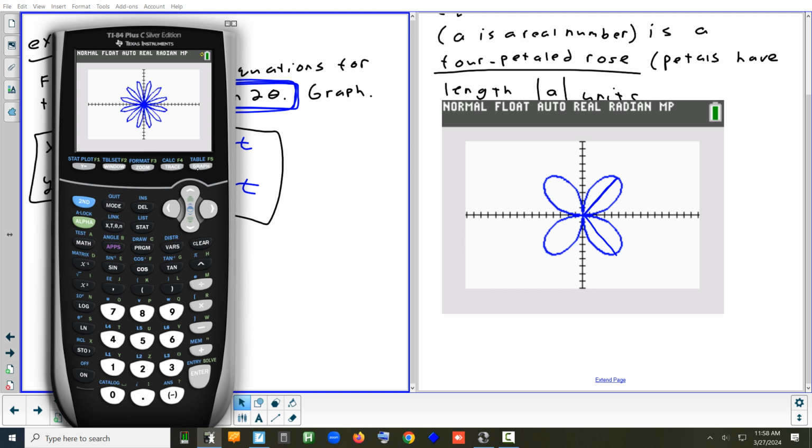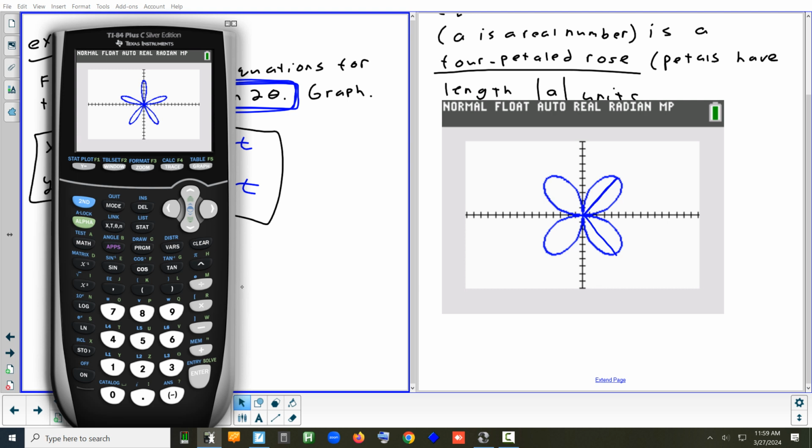You should probably smooth that out a little by increasing the theta step. That's a little jagged. But an even doubles the number of petals, and an odd gives you exactly that number. So a 5 theta would give you 5 petals. And again, I should stop it from tracing twice.